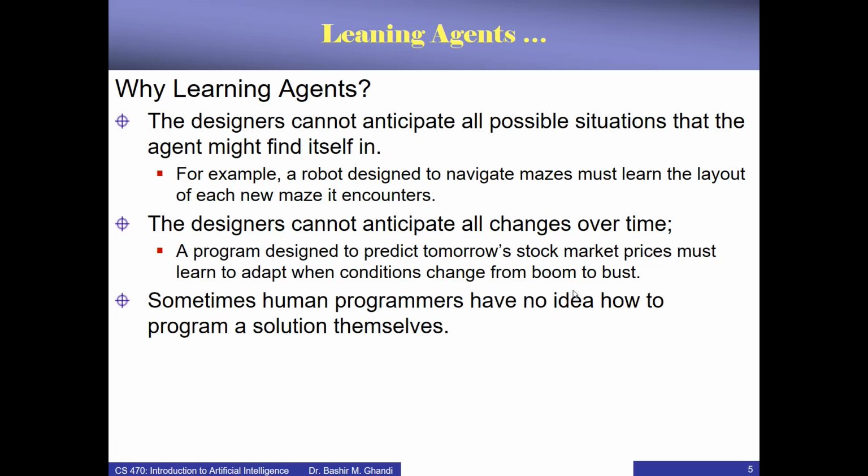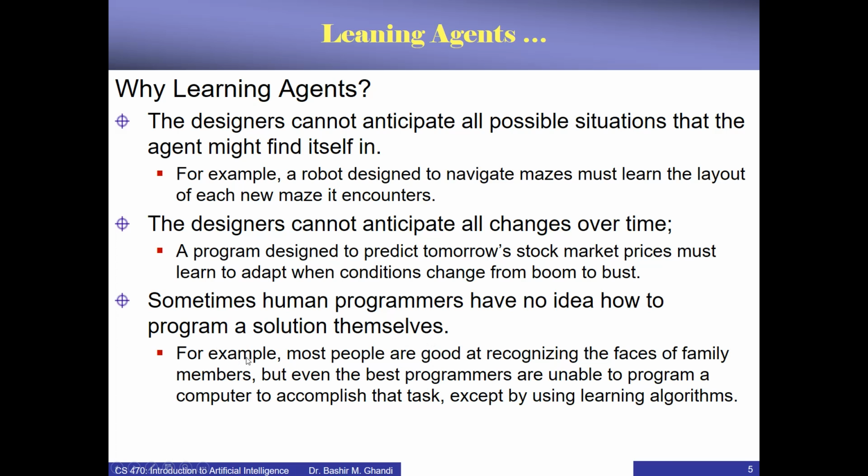All right. And another reason is sometimes human programmers really have no idea how to program a certain solution by themselves. A good example is recognition programs. So for example, most people are good at recognizing the faces of family members, but even the best programmers are unable to program a computer to accomplish that task, except by using learning algorithms.